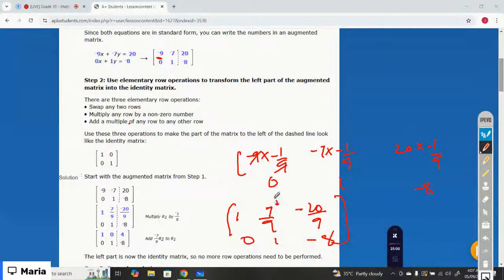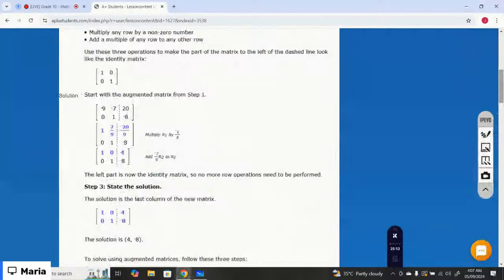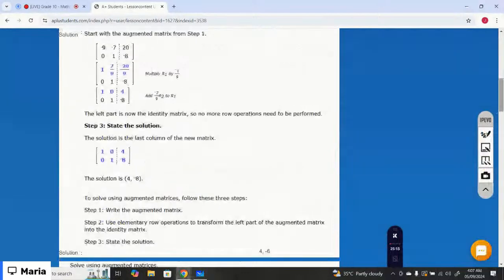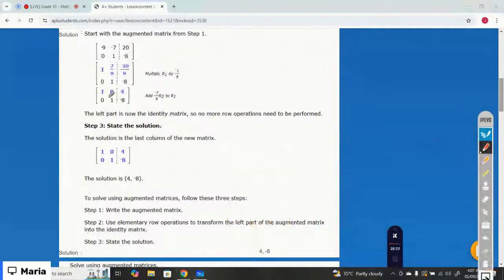Now you have to make 0 over here, right? So what you are going to do, you are going to multiply row 2 by -7 over 9 and then add it to row 1.